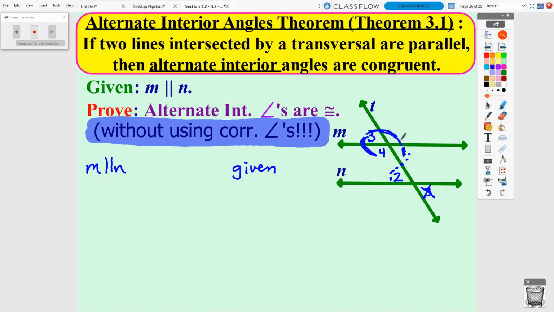So that's a solid connection, and then I can connect angle 4 to angle 2 because they're same side interior. So I'm not going to say that I can't use this angle, because I can. I just can't directly connect it to angle 2 because then I'd be breaking my restriction. That's really the order that we potentially could go in: we could use a vertical angle, then a straight angle postulate, and then the same side interior angle connection.